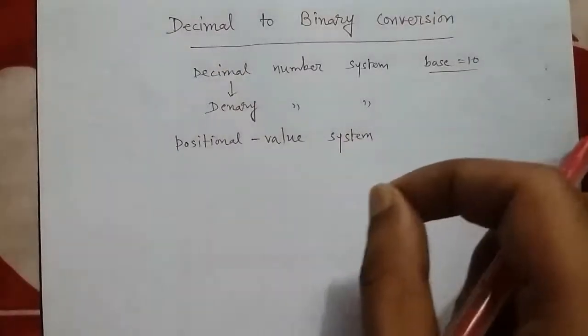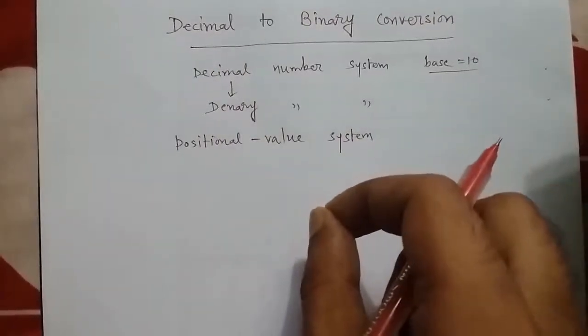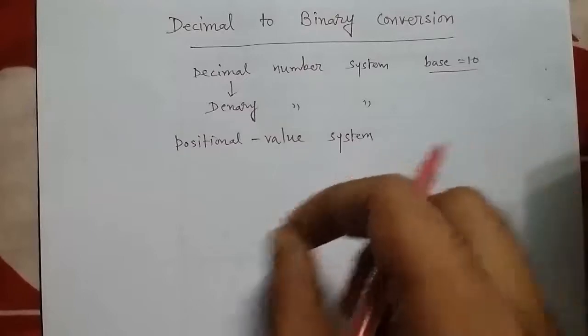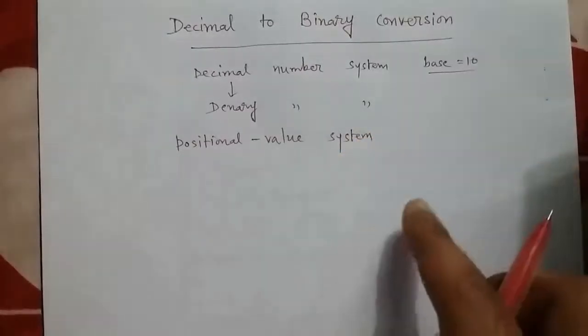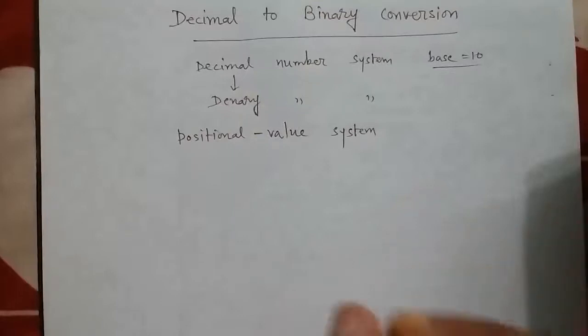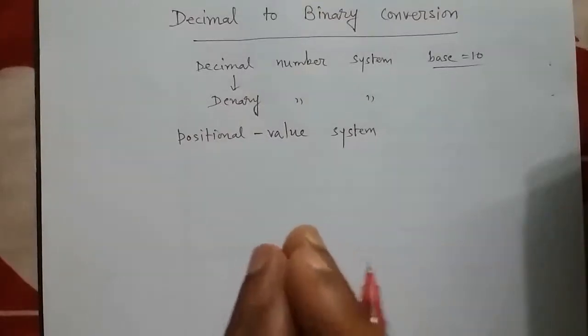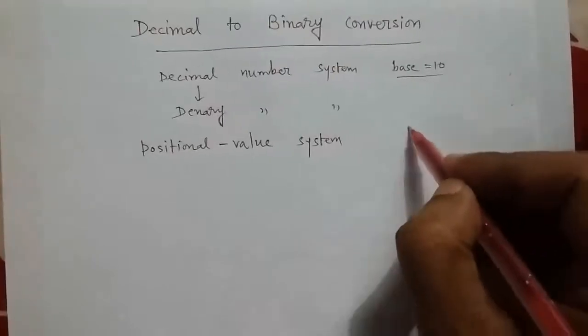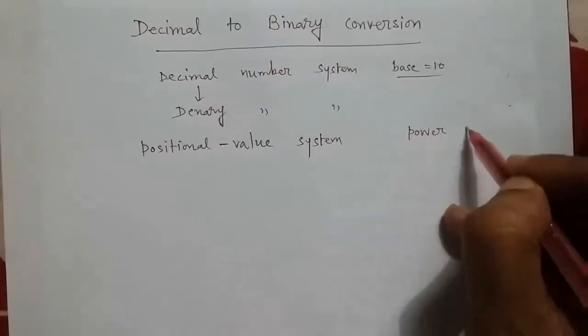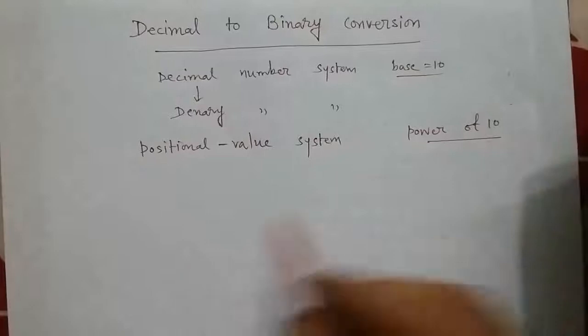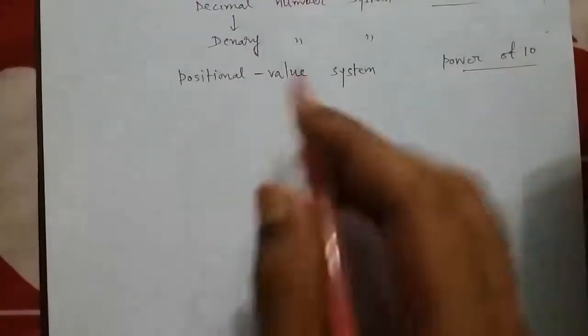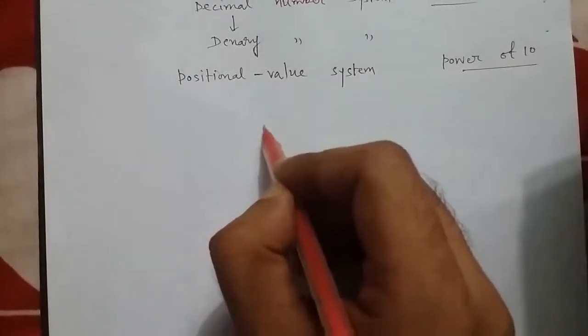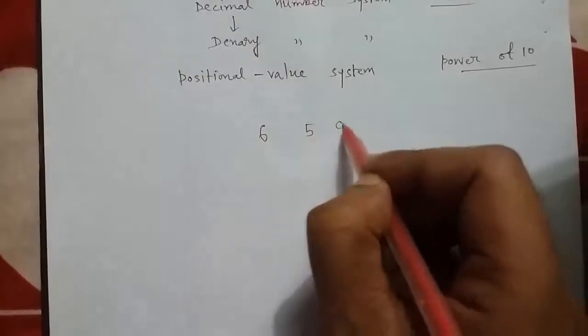And the positional value of a decimal number is always expressed as a power of 10. That means the place value of every digit in the decimal number system is expressed as a power of 10. For example, consider this number 659.